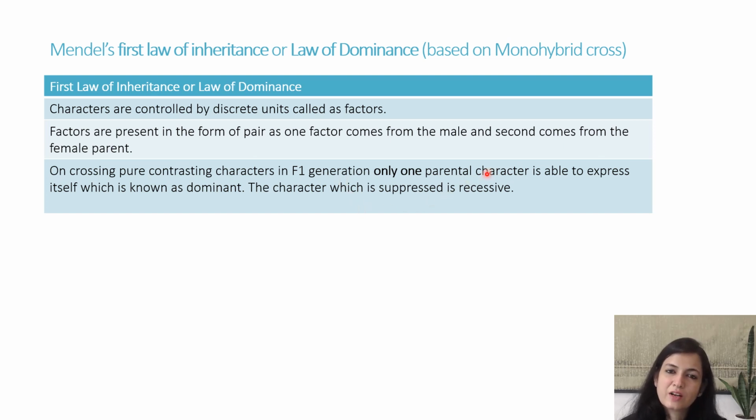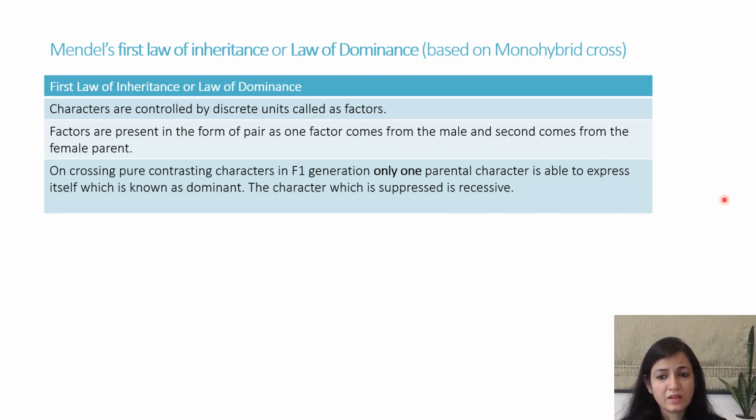So this is the law of dominance, or we can also say that in the F1 generation, out of the two alleles of a gene, only one allele is able to express itself, whereas the other allele is suppressed due to the presence of the dominant allele, and this law is known as the law of dominance. And this idea, that the characters are controlled by units called factors, and the factors always occur in pairs, is also known as the law of unit factor.